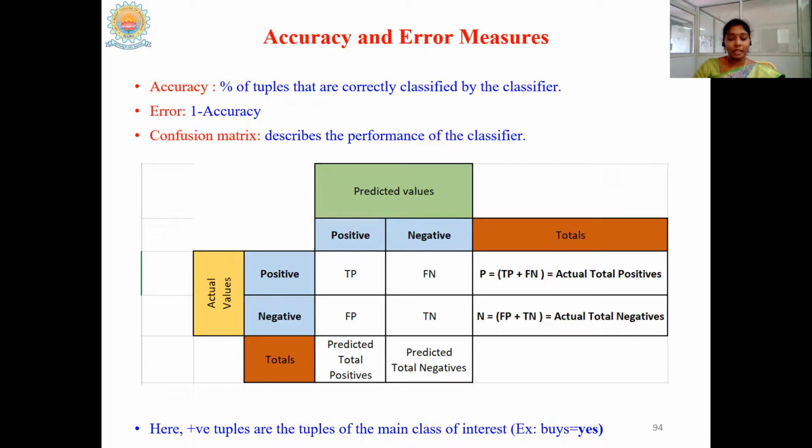In classification, we have a confusion matrix, which is a matrix that describes the performance of the classifier in all aspects. If you want to assess the classifier performance, first you need to have a confusion matrix. Before explaining the structure, can everybody see this confusion matrix?